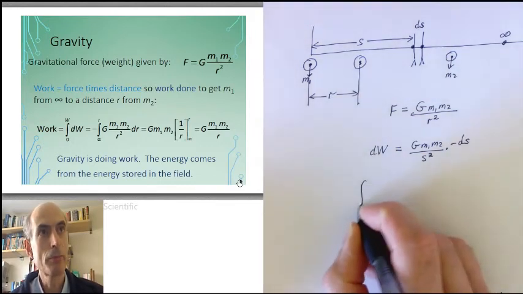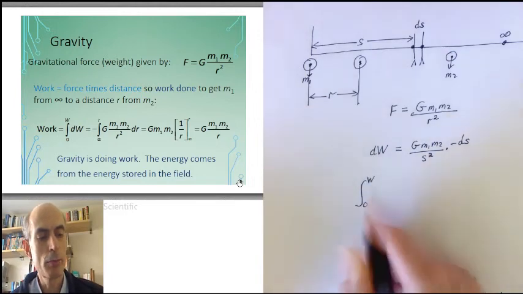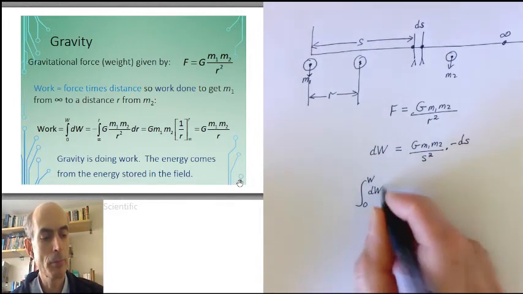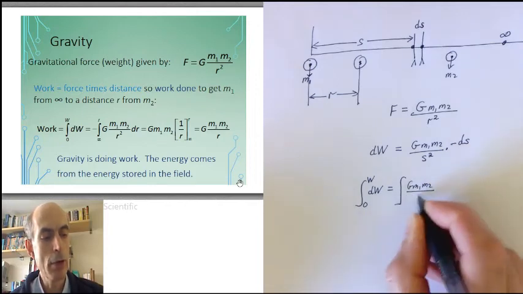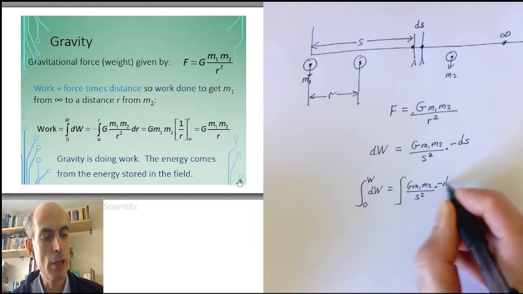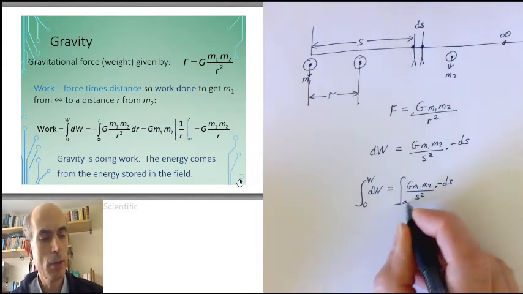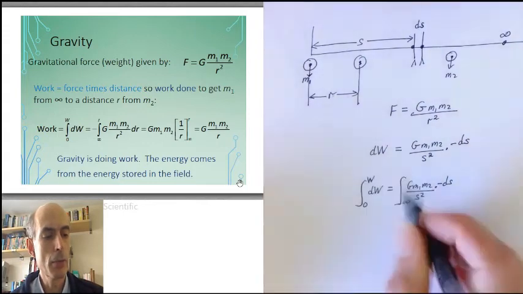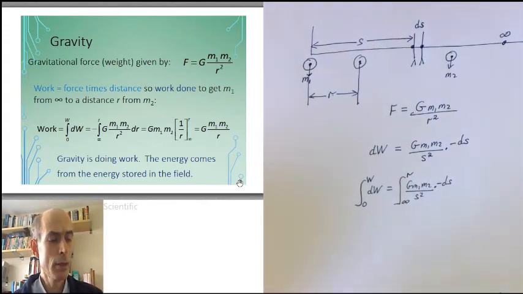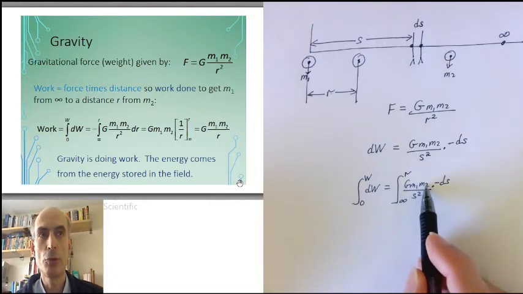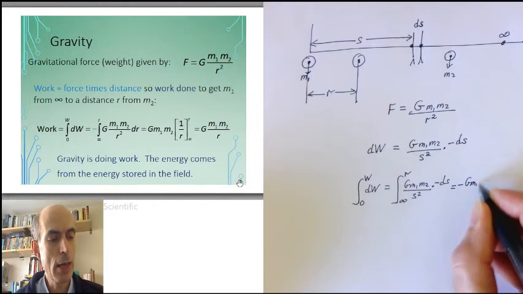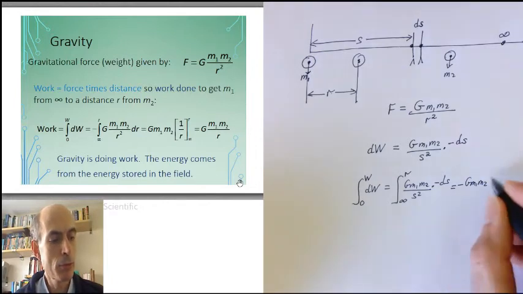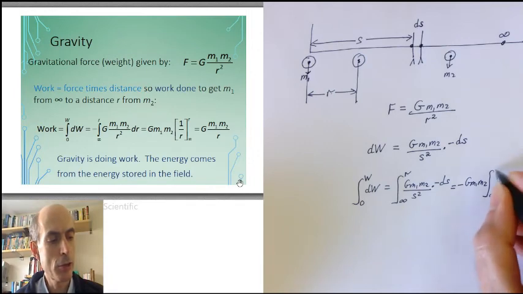So we have the integral, from 0 to the total work done, of dW, of G m1 m2 over s squared times minus ds from infinity, where it starts, to r, where it ends. Now, G, m1 and m2 are all constants, so we could just write this as minus G m1 m2 times the integral from infinity to r of ds over s squared.